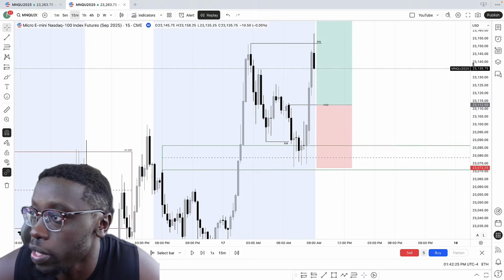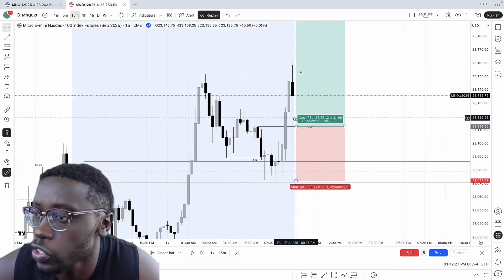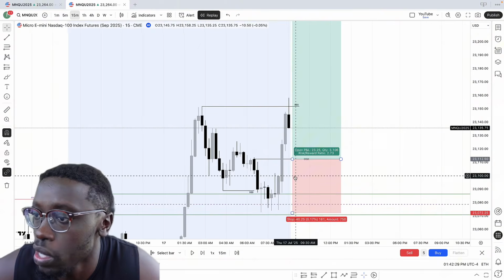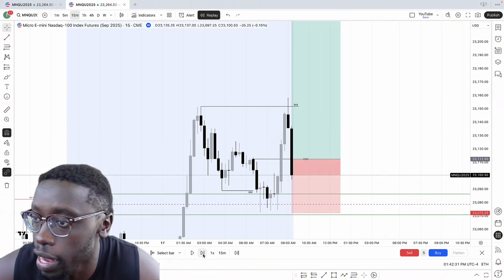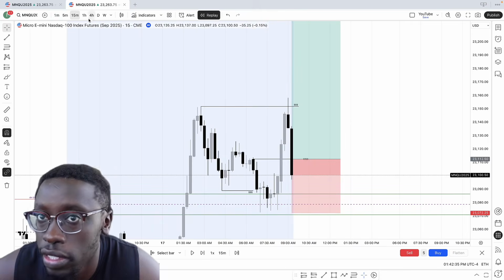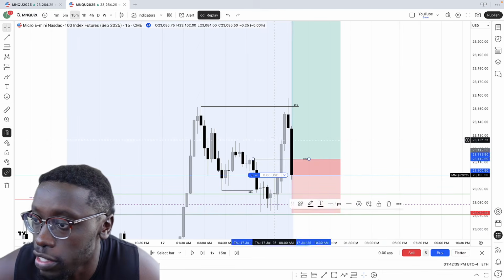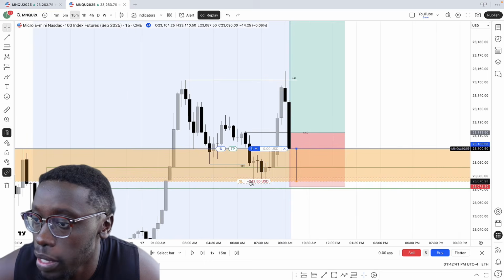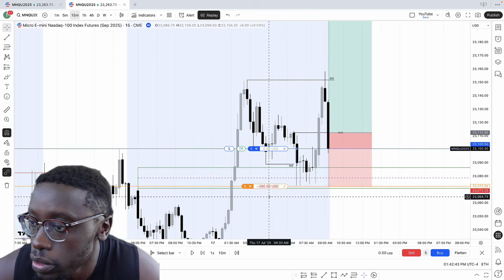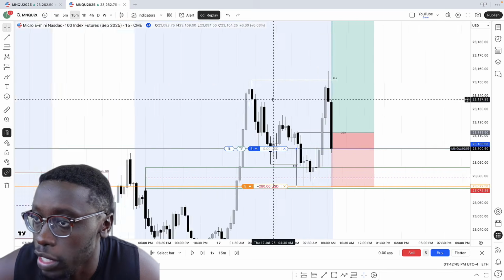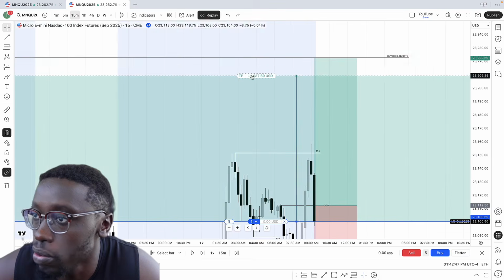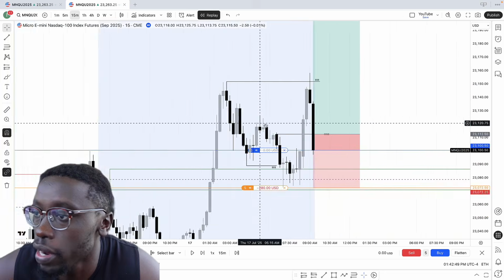And with that, that's kind of the first trade I was looking at going into the opening. So we did come back down, and I did enter on the retest of that. I did enter on the retest of this candle here with my stop loss below here. And like I said, my take profit, I was aiming for the all-time high liquidity, right?